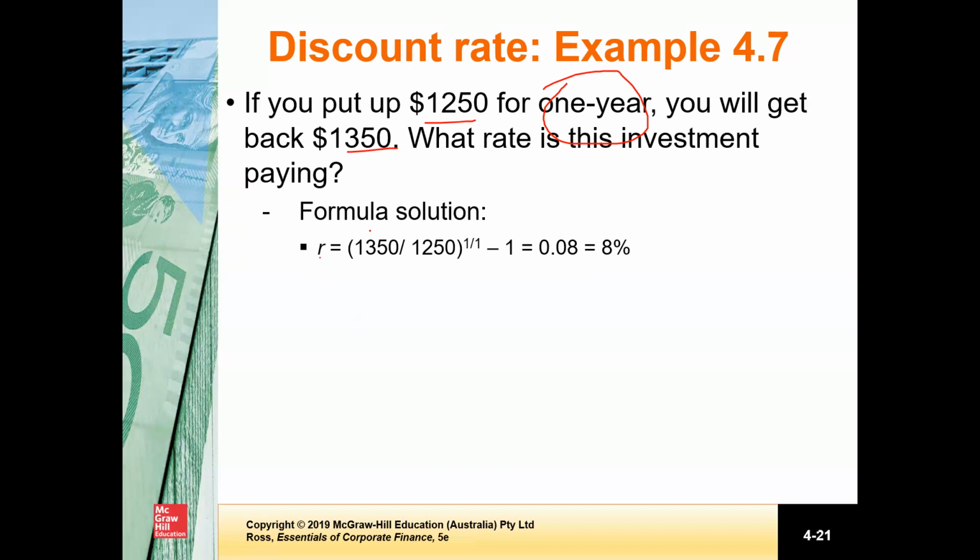So R equals future value divided by present value power, you remember 1 by t, so t is the time period, and minus 1. Okay, and if we solve for R, we find that the rate of return associated with this investment is 8%. Or in other words, we can say that if we put up 1,250 this year, earn 8%, this will give us 1,350 at the end of the year.